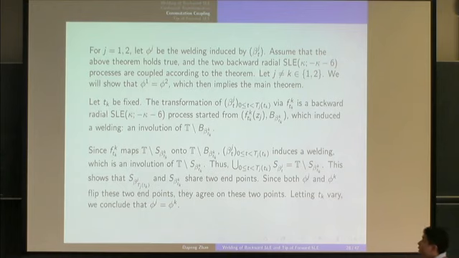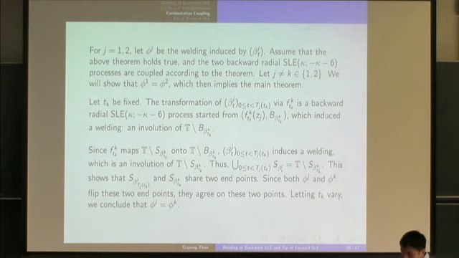Now, since F_kTk maps the unit disk without the support of beta_kTk onto the unit disk without the base of beta_kTk, the beta_jt up to Tj of Tk itself induces a welding, which is an involution of the unit circle without the support of beta_kTk. Thus, we conclude that the union of the support of beta_jt up to that stopping time is equal to the complement of the support of beta_kTk in the unit circle.